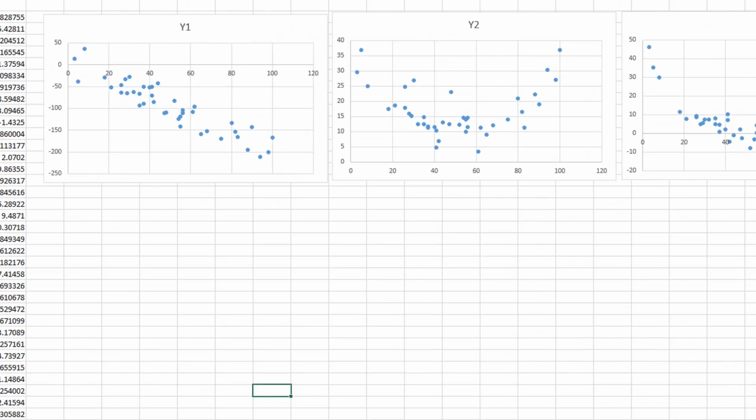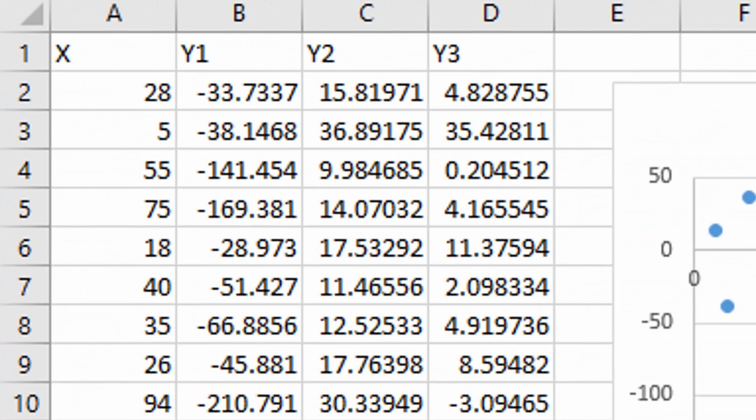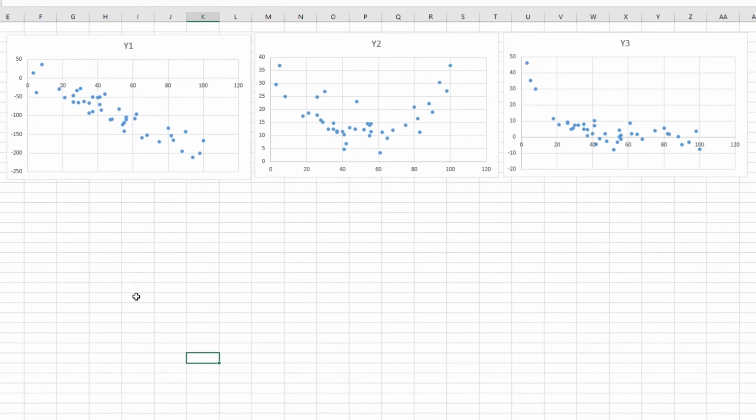You can see my data is over here, and so we have three different response variables, and I want to look at what kind of relationship they have with the predictor and how we'd decide for which of these relationships it's most appropriate to use linear regression.